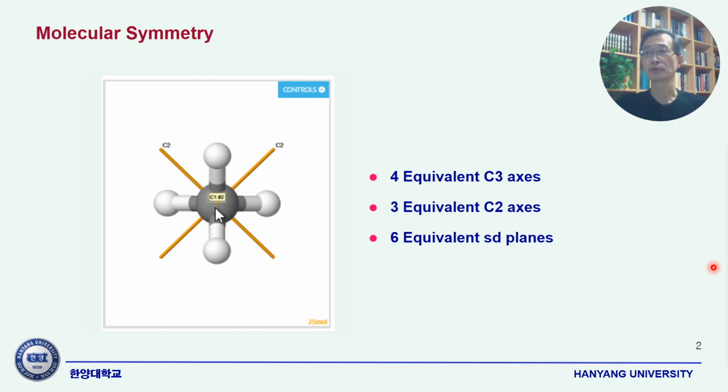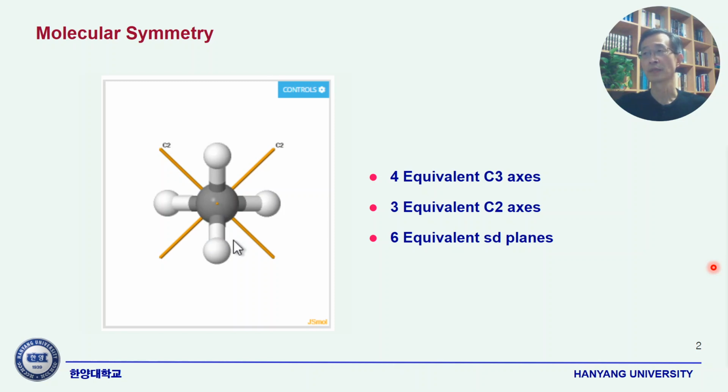For example, you are looking at bisecting this HCH angle. So from this direction, you look at the carbon atom, and then you rotate 180 degrees to switch this hydrogen to that hydrogen. So this is a C2 axis, and there are 3 equivalent C2 axes.